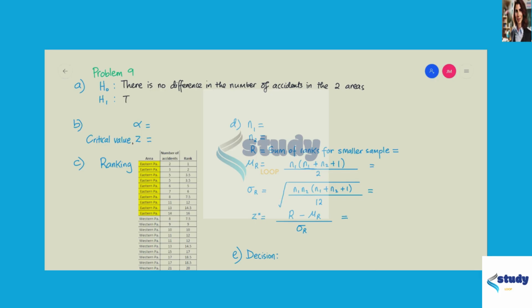And the alternative hypothesis is that there is a difference in the number of accidents in the two areas.